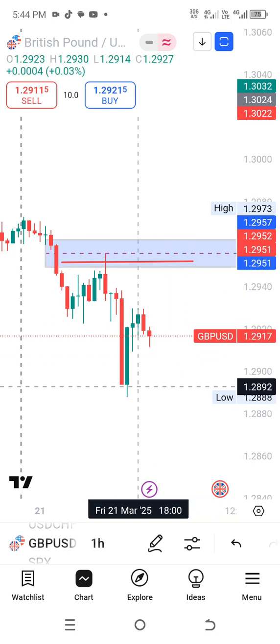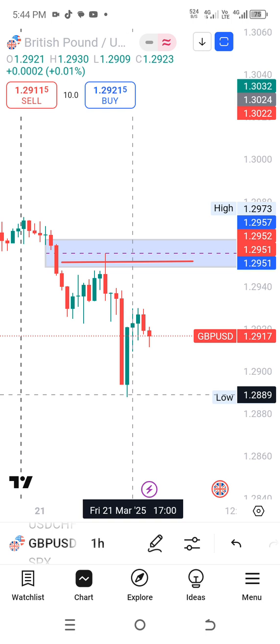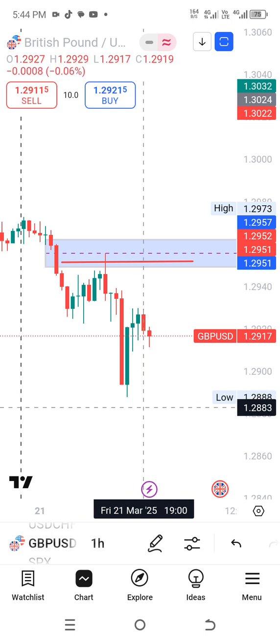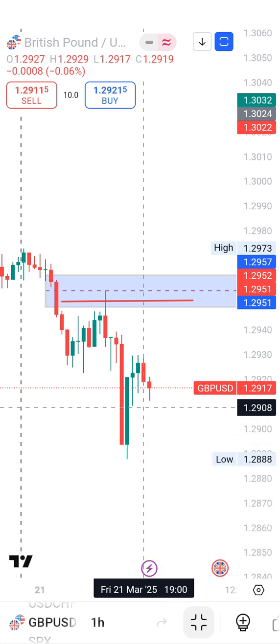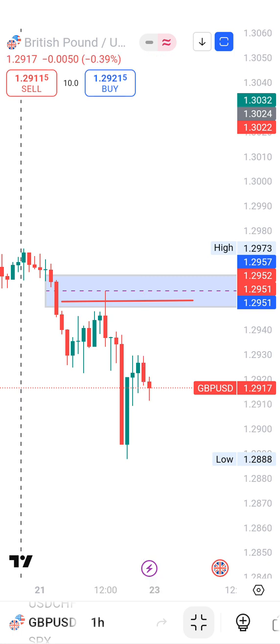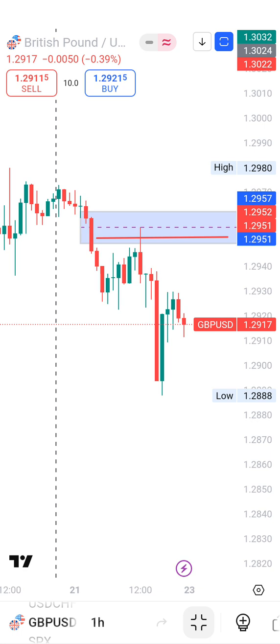If price comes down and takes the low first, we now have a new point of interest. That is where you need to come into the free Telegram community, where we can give you an update on a new point of interest. So take note of that.